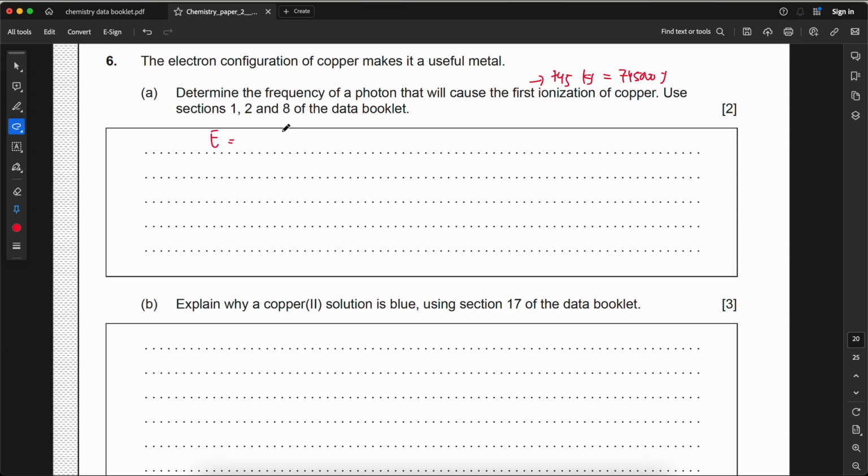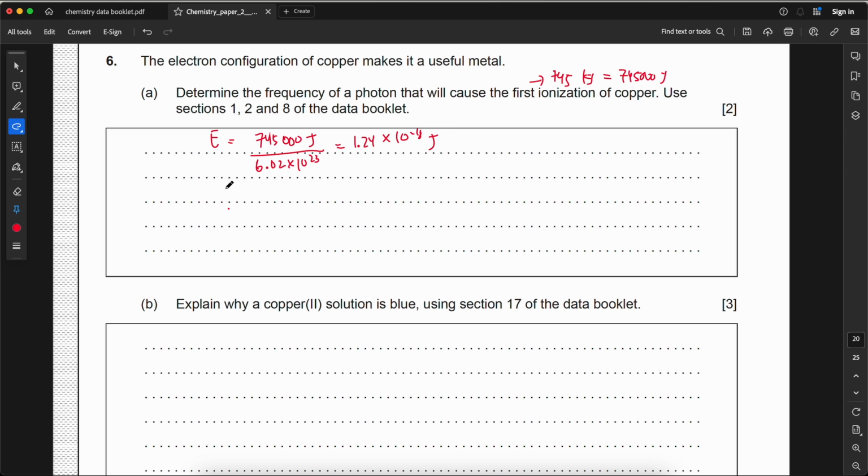To find the energy for one photon, 745,000 joule divided by Avogadro's number gives 1.24 times 10 to the power negative 18 joule.